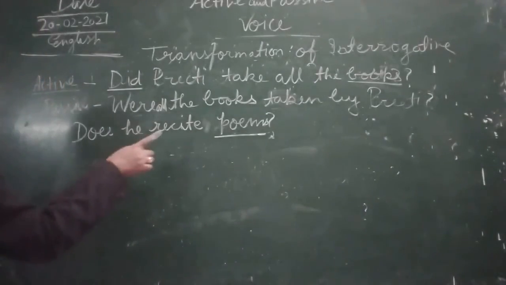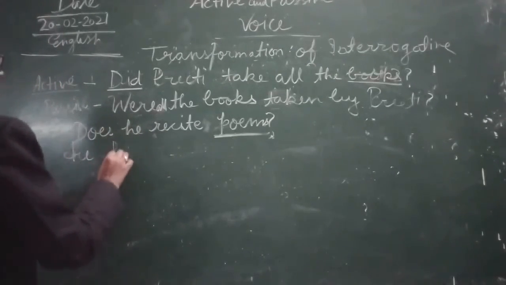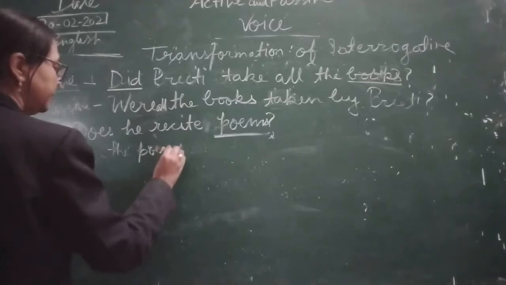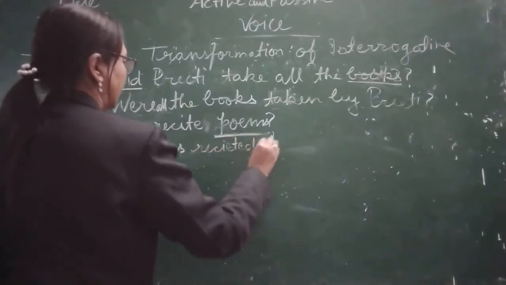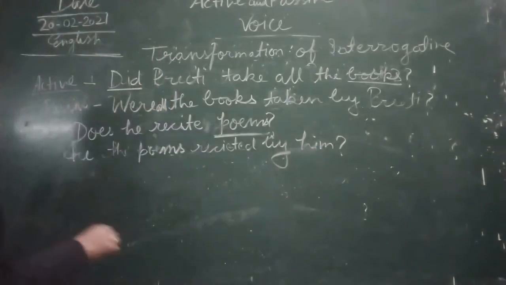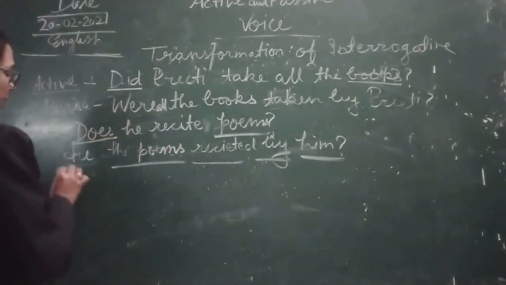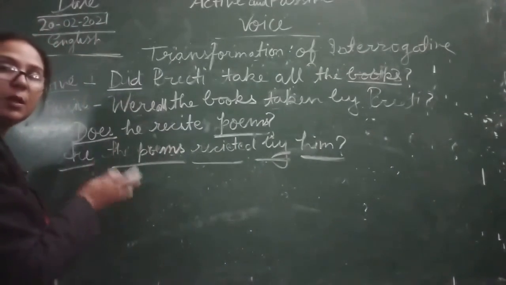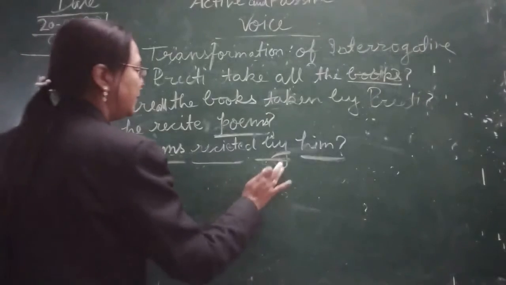We will just change, because poems are there, that is why are the poems recited by him? See children, are the poems recited by him? Does becomes are because of the object. Object is plural. So here we are using the same rule, subject verb agreement. That is why we have changed over here. Are the poems recited by him?